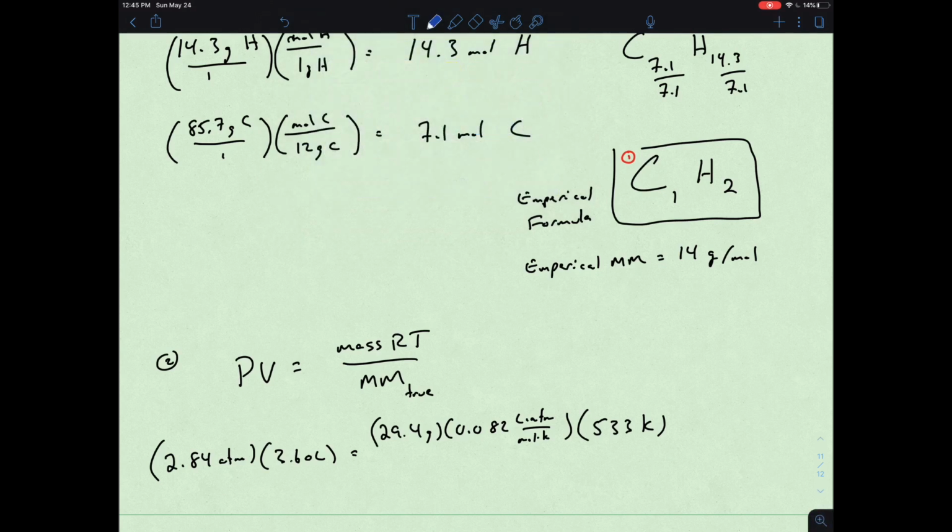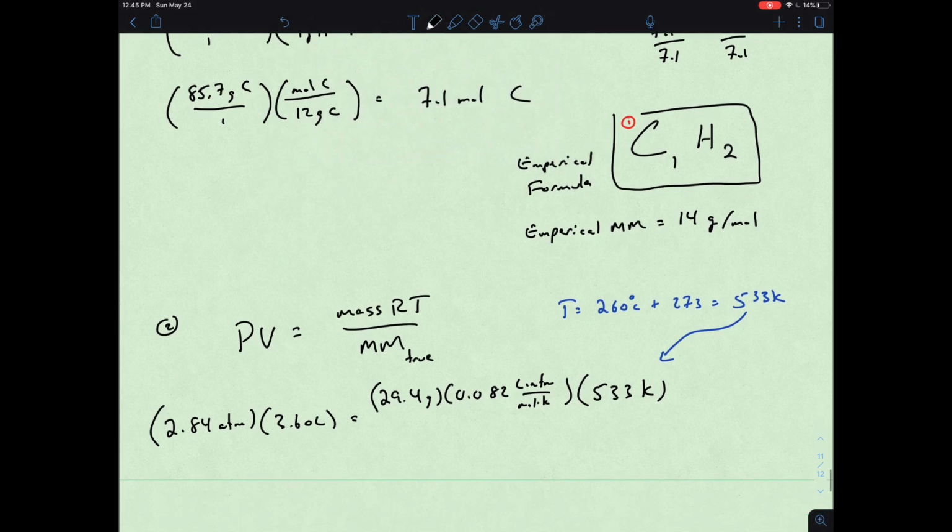Keep in mind that our temperature was 260 degrees Celsius plus 273, so that's where that value comes from. And then that's all over what we're actually looking for, which is the molar mass of the gas, or that true molar mass.